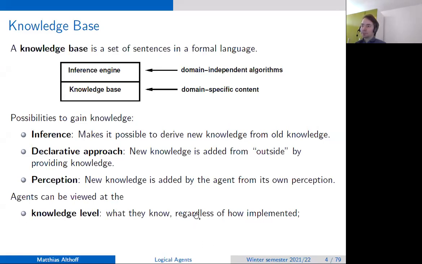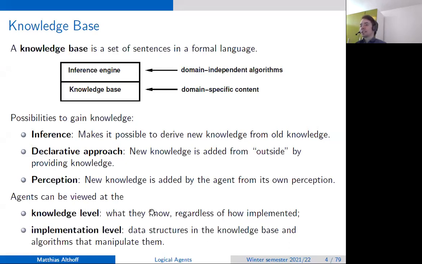But no matter how you implement it, the knowledge is the same. Or you can look at this from the implementation level, where you then care about the data structures in the knowledge base and algorithms that manipulate them. In this lecture, however, we will focus on the knowledge level. So we will discuss everything independent of whether it's implemented in a certain programming language or not.